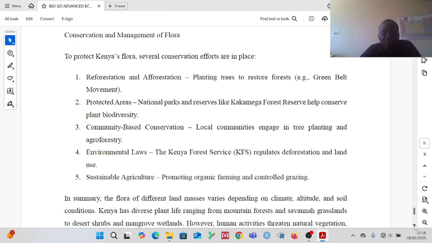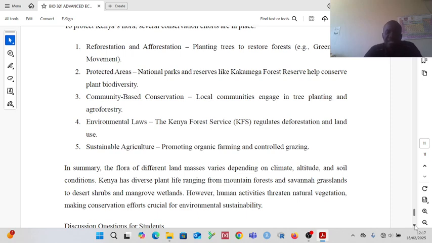Because the more animals you keep, the higher the risk of overgrazing. So you will need just to keep enough to prevent overgrazing. We saw overgrazing is one of the effects. So when you come up with sustainable agriculture practices, then you reduce pollution and also you reduce overgrazing.